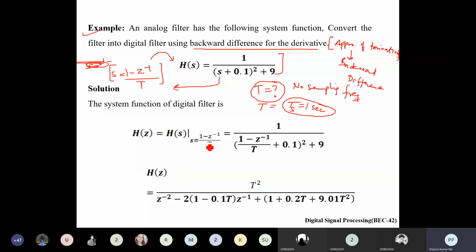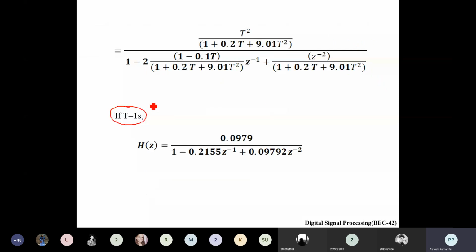Once we put this, we solve the term (s plus 0.1) whole square. We need to expand it, and after expansion we put T equals 1, and finally we get H of z in terms of powers of z. This will be our required transfer function, the transfer function of our digital filter.